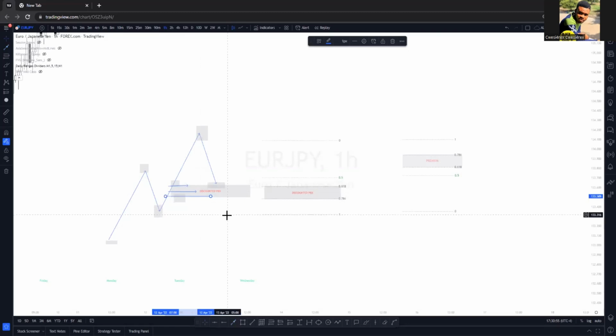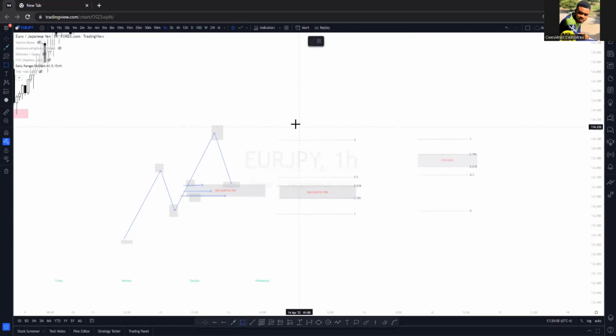So I call that OBEM, where you have an inefficiency, right? Then within that inefficiency, when you scale down to the smaller time frame, you see an order block within that zone, right? So you take that place as your entry.